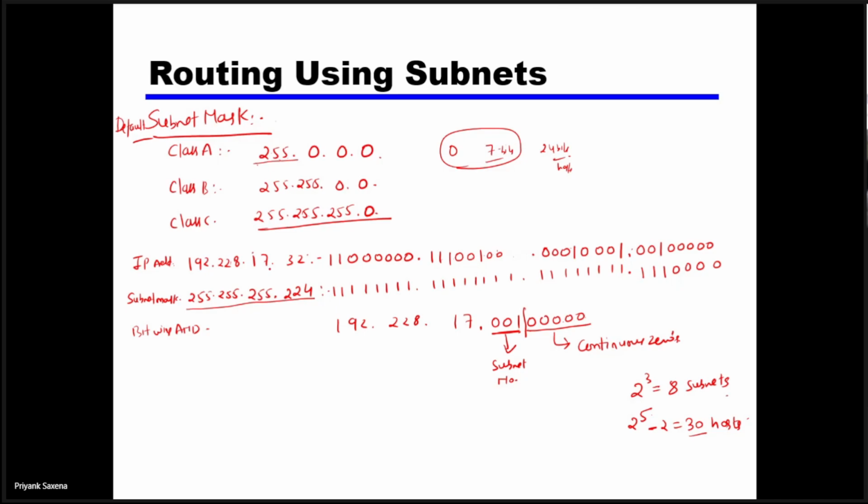Followed? Okay, so this gives you this. Now if I say that a datagram arrives with the IP address 192.228.17.57, this portion is the same.